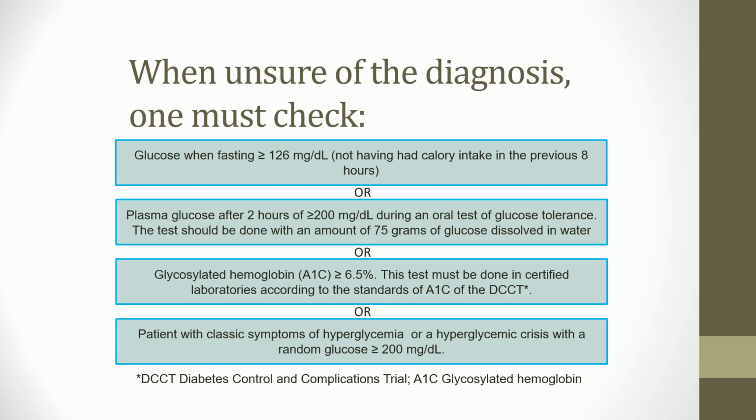So once again, if we took the test while the patient was in the hospital and it was slightly altered, so for example 128 in fasting conditions, then we probably want to repeat the test. We will repeat the same test, but now under normal conditions.